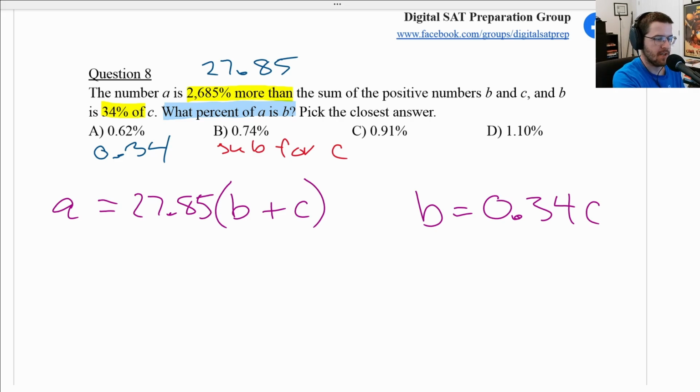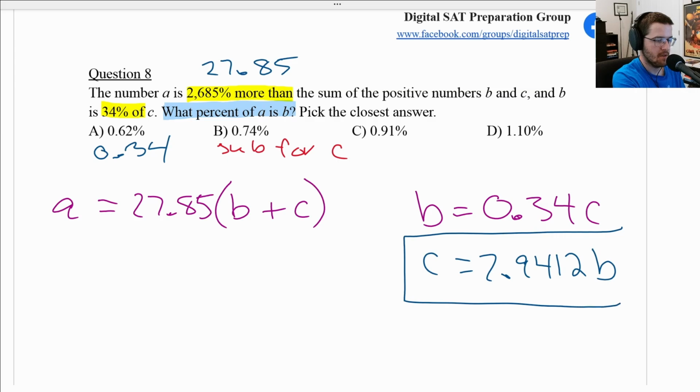And I'm going to round once again. So I am getting C equals 2.9412B, something like that. Not the answer, but let's just put a box around that. Now that we have C by itself, we can put it in here.